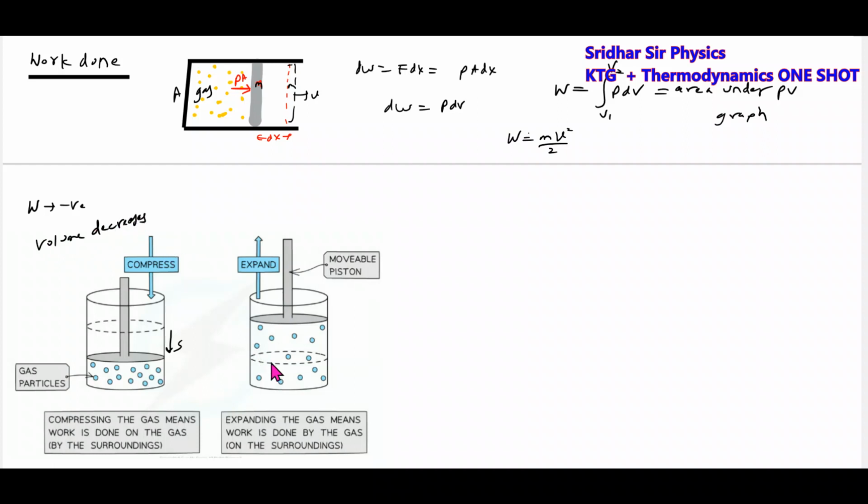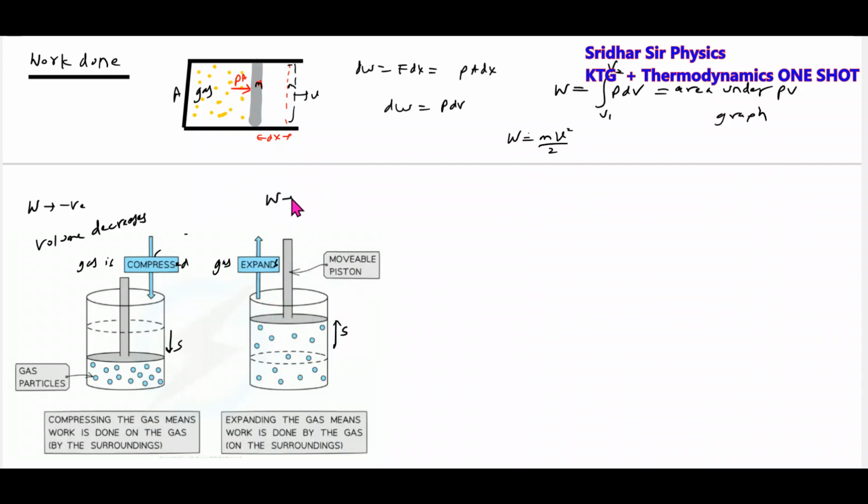Similarly, the gas will expand. Here the gas is compressed. Now here the gas expands. The piston will move, the displacement of the piston is upward.